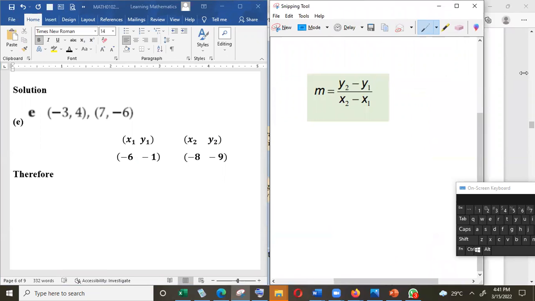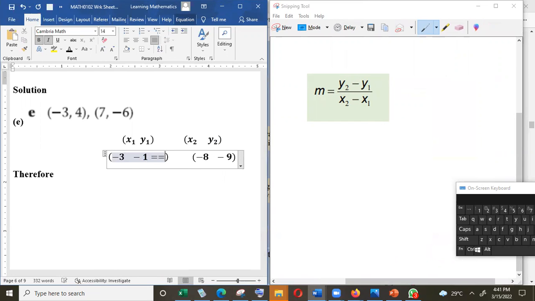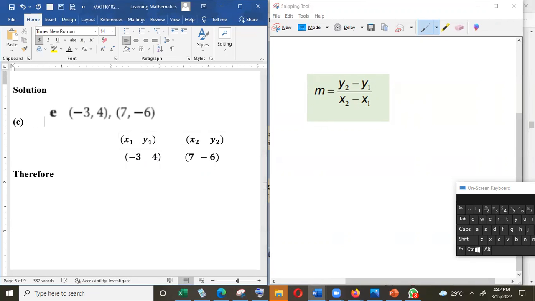So negative 3 will become x1. 4 will become y1. 7 will become x2, and y2 is negative 6. So you can see the association.